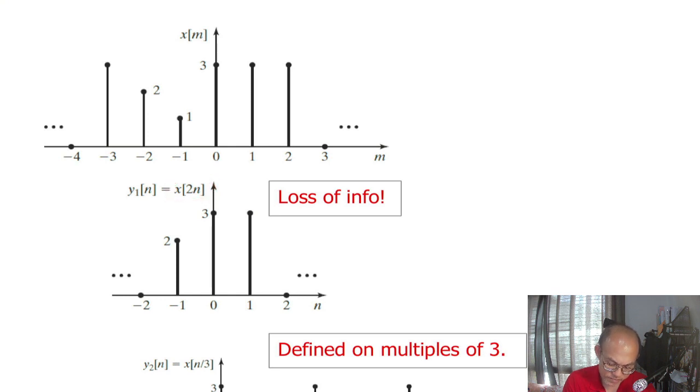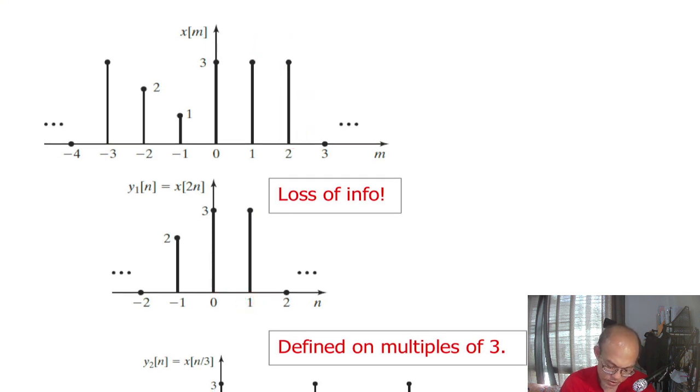When you do x of 2n, basically you are condensing it. Now this sample is just the same, whereas this one will be moved from 2 to 1. So this one here, I'm going to shade it for you. This sample is this one. The brown sample stays the same because n is 0 for the brown sample, and the green sample at 2 here becomes this one.